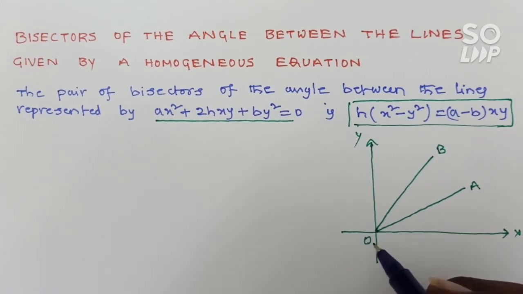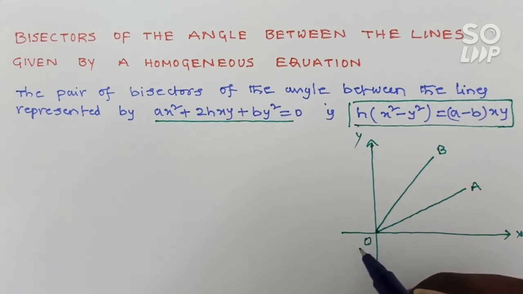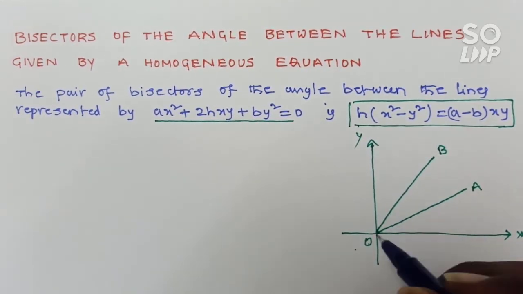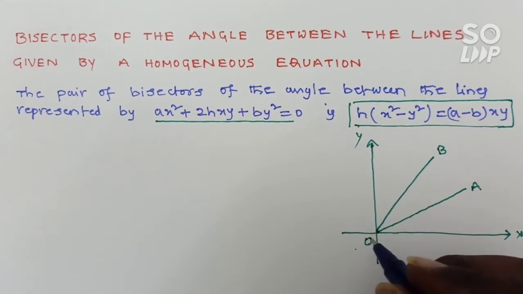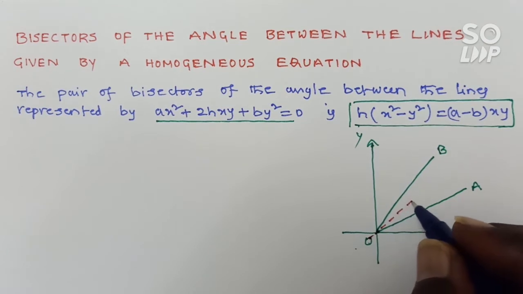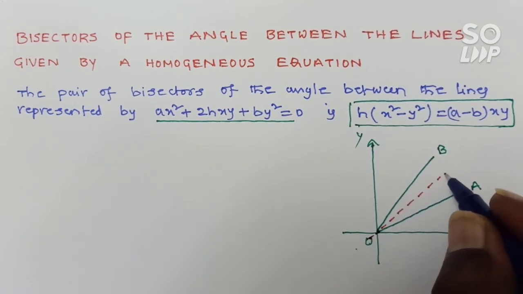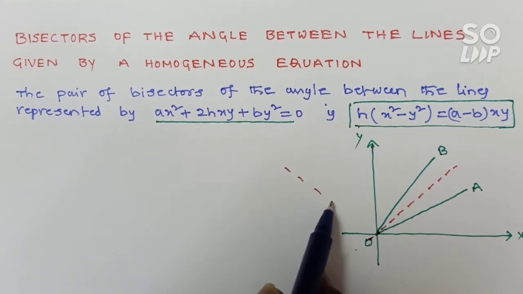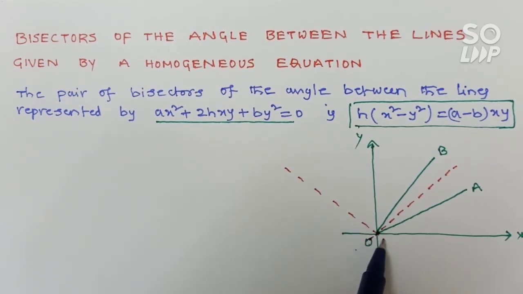You know angular bisectors are of two types. One is the internal angular bisector and another is the external angular bisector. You see, this line is the internal angular bisector and this one is the external angular bisector.